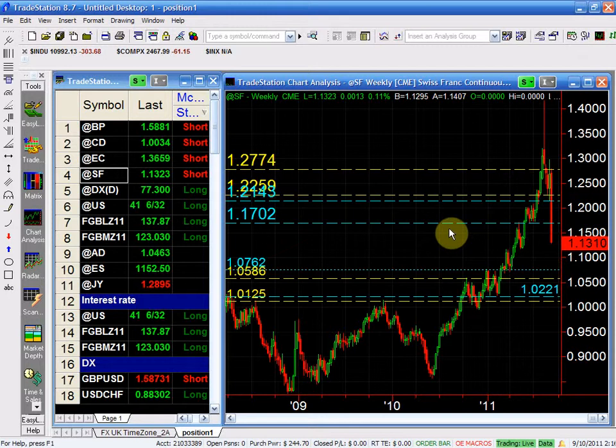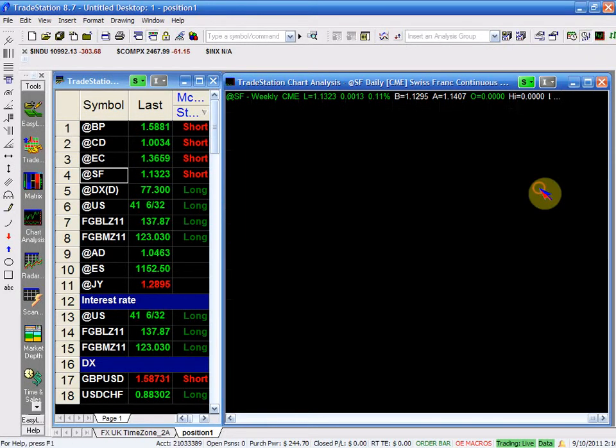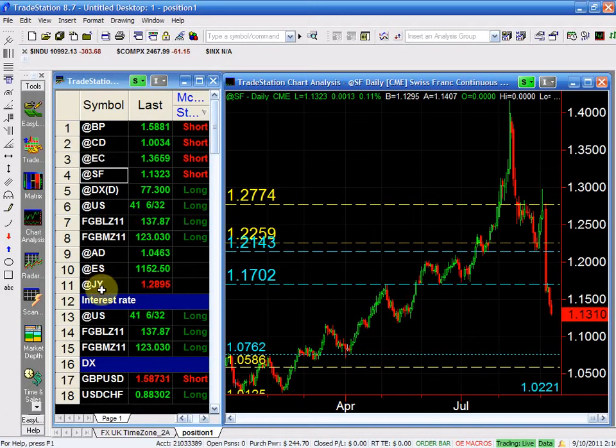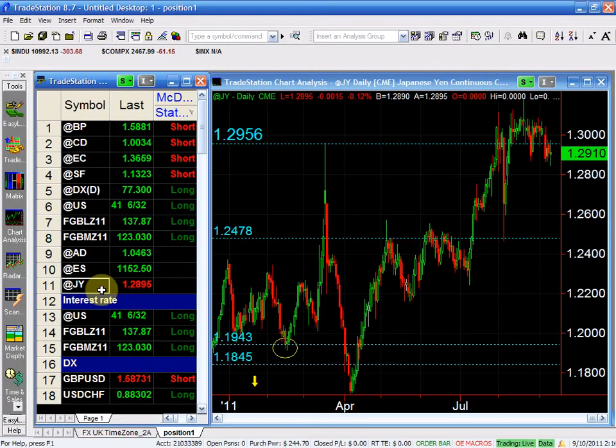Okay, so the Swiss and the euro are pretty much quite clear in how they're working, or what's happening with them. If we look at the yen, with all the move that we had in the dollar index, we really have no selling in the yen.